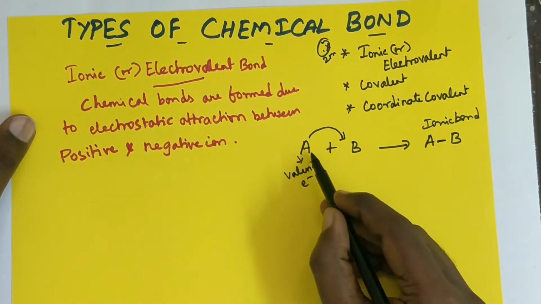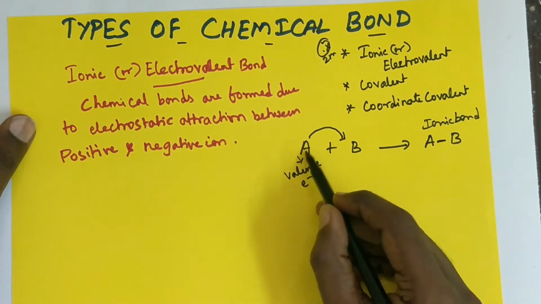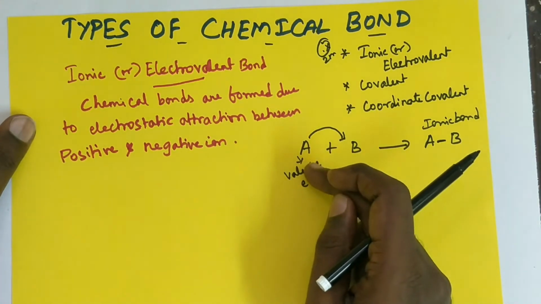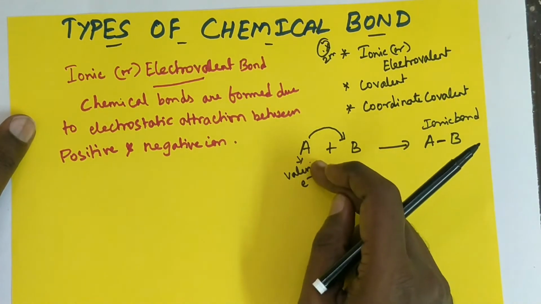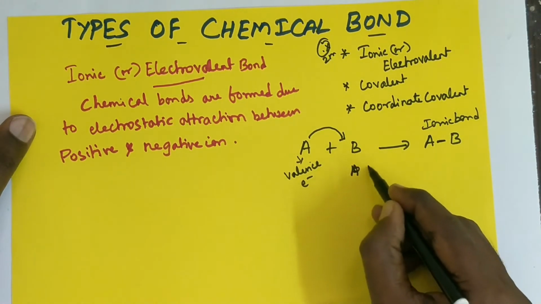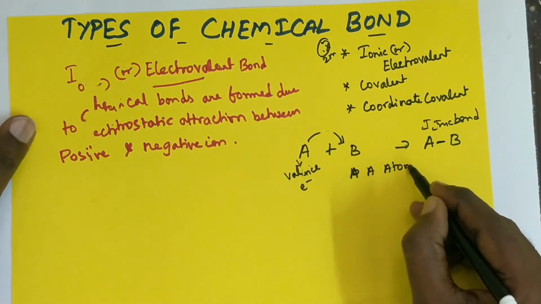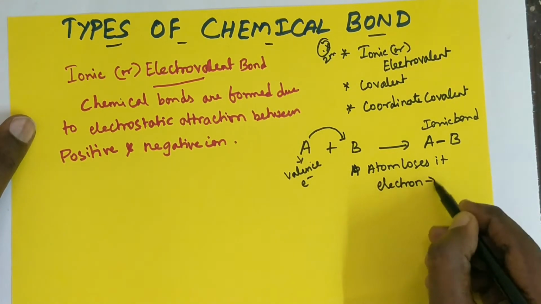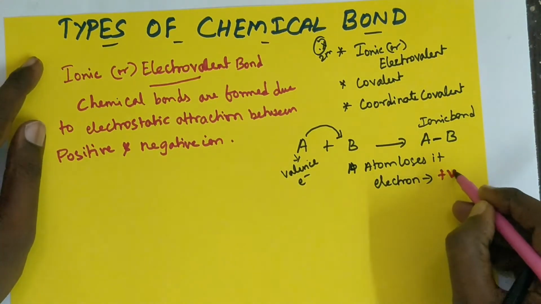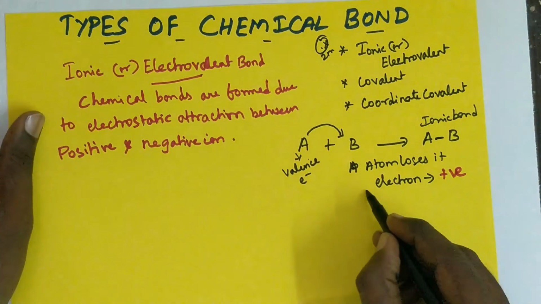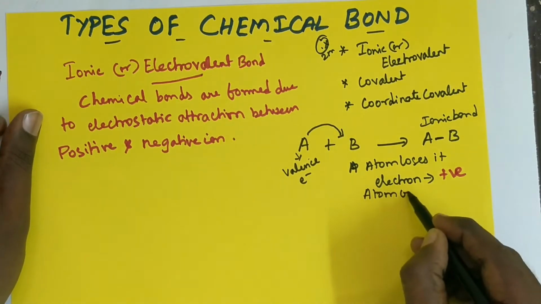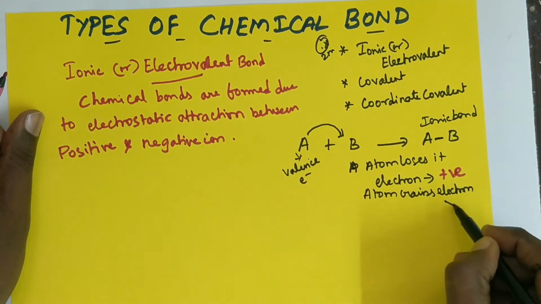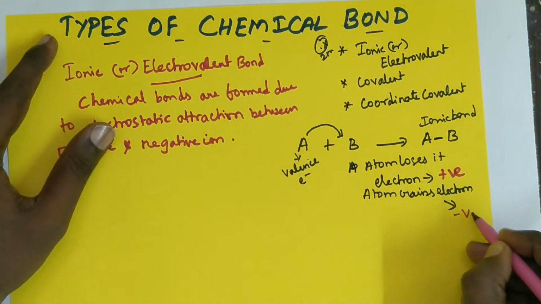If A transfers electrons to B, then definitely in this atom loss of electron takes place. If an atom loses electrons, its charge is positive. If an atom gains electrons, the charge is negative.